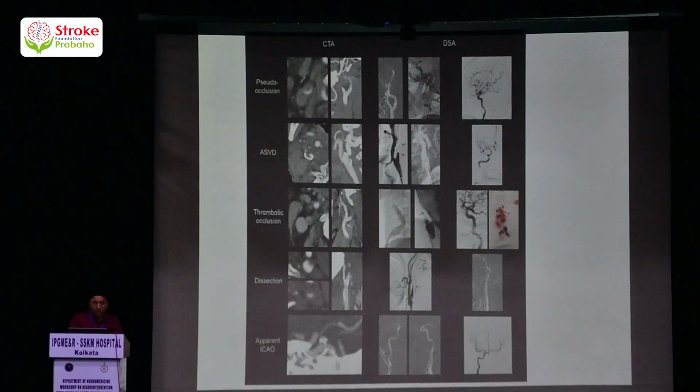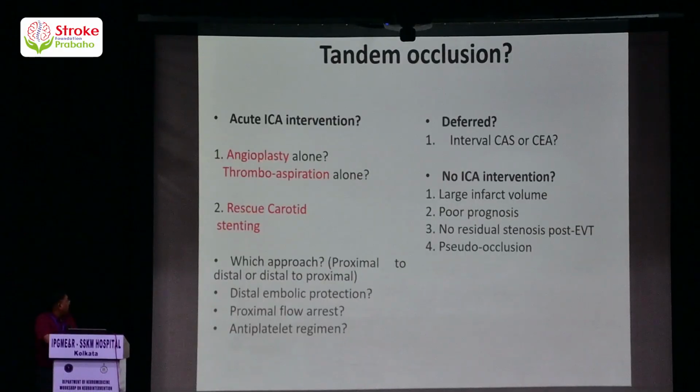The thrombotic occlusion may have tapering like this, with the contrast staying like this, and you can use a stent retriever to take out these clots. Or sometimes you have a dissection, which is classically seen on DSA as a flame shape. So these are the various pathologies: pseudo occlusion, atherosclerotic disease, thrombotic occlusion, or dissection, which may mimic a tandem occlusion.